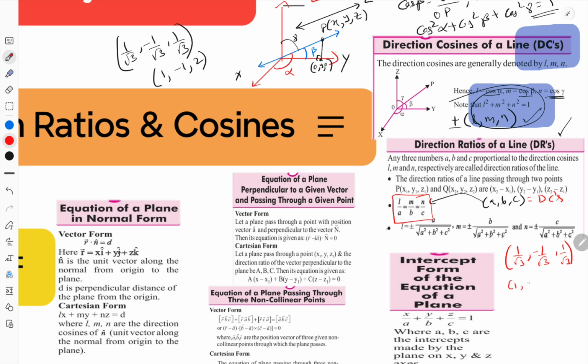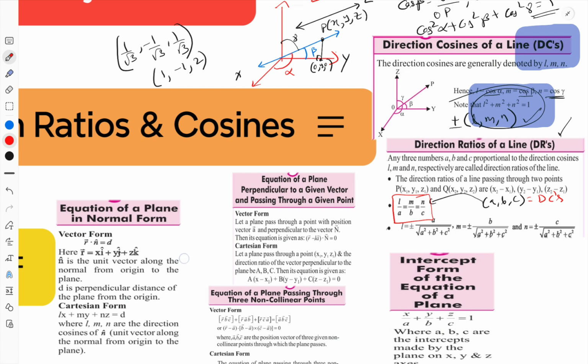Then DRs can be 1, minus 1, 1; 2, minus 2, 2; 3, minus 3, 3; root 3, minus root 3, root 3. Like that you can have infinite direction ratios. Every line has two DCs but infinite direction ratios. Right, this is about direction cosines and direction ratios and the relation between them.